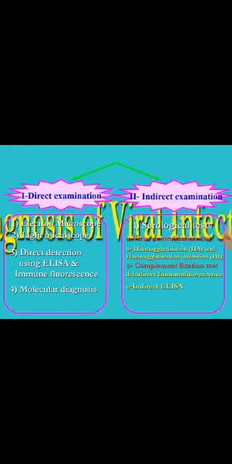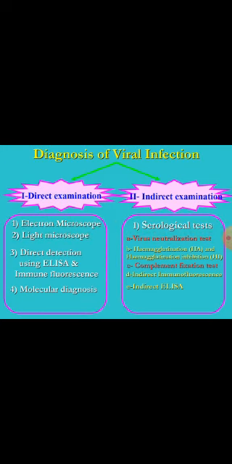Diagnosis of viral infection. Diagnosis of viral infection is either by direct examination, through detection of the virus itself by electron microscope or some metabolites by light microscope, or detection of the antigen through immunofluorescence, ELISA, or other molecular diagnosis such as PCR.